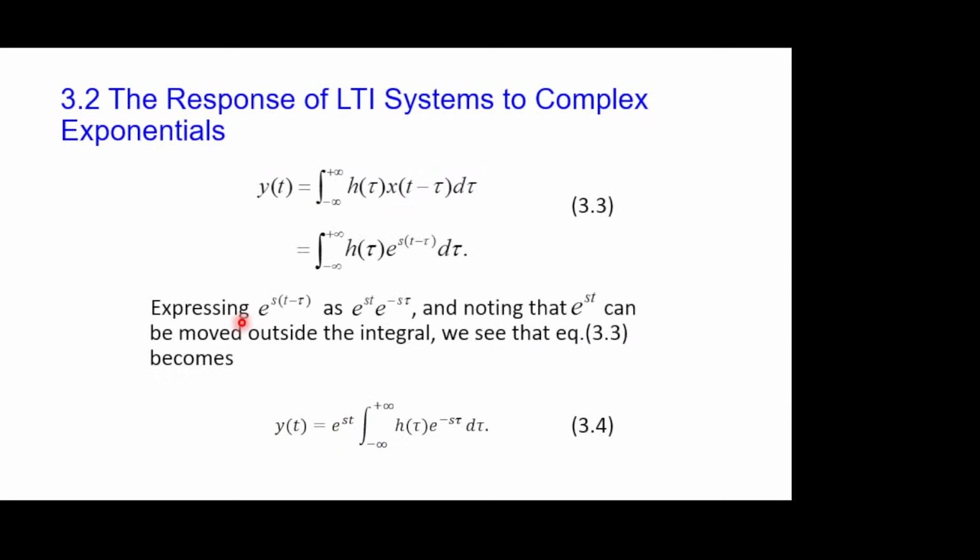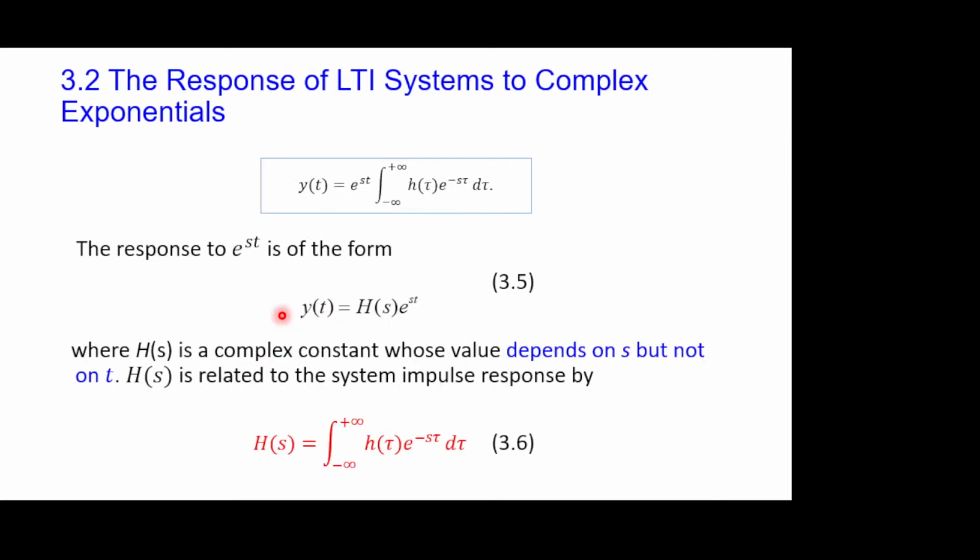So I guess the only thing we do is we write down the convolution and we break up this e to the s times (t minus tau), and then it basically follows that y equals H of s times e to the st. So this is as promised: for every LTI system, e to the st, for any s, is the eigenfunction of your system with the eigenvalue H of s.